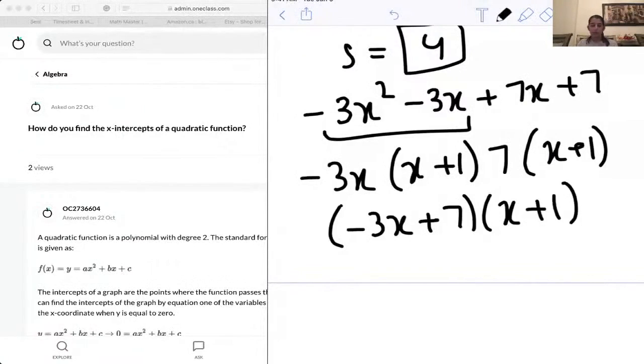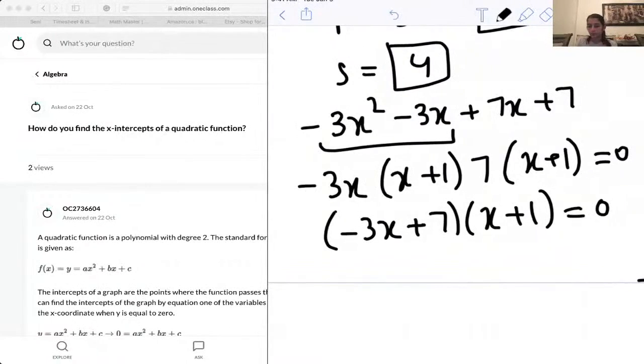And then you can find your x-intercepts because this whole equation is equal to 0. You can figure out your zeros by isolating them.